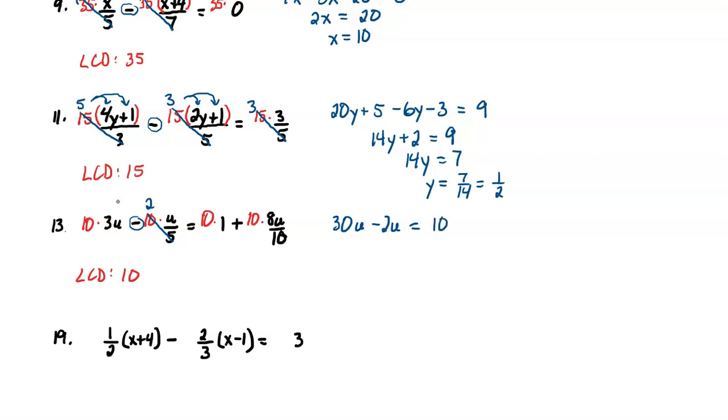Now in the very last position, 10 over 10 reduces to 1. 1 times 8u is positive 8u. Now we have an equation with no fractions. On the left side of the equals, there are two terms. They both have u. They can be combined together to 28u.